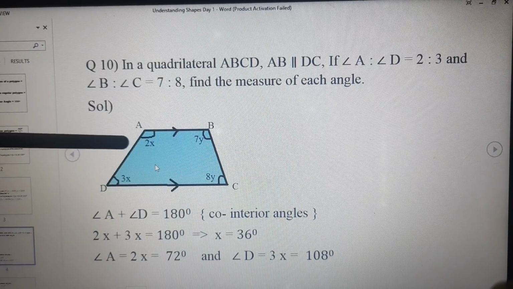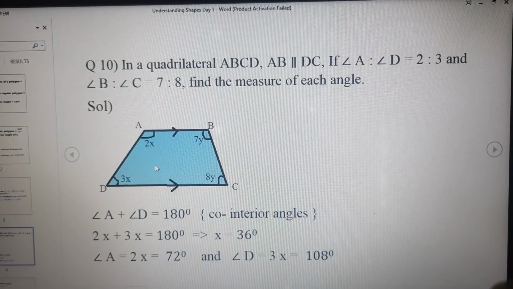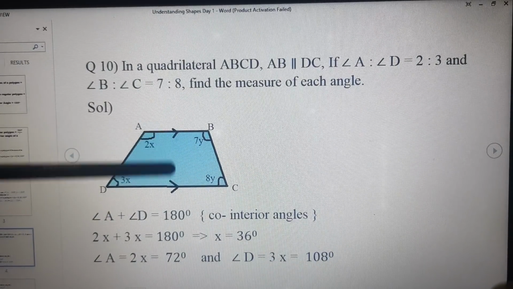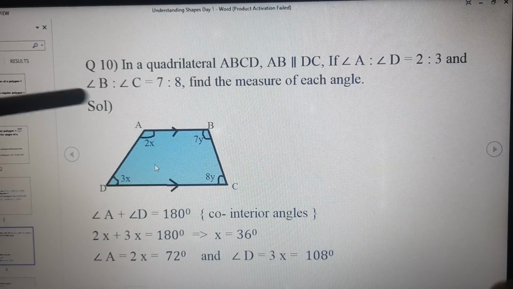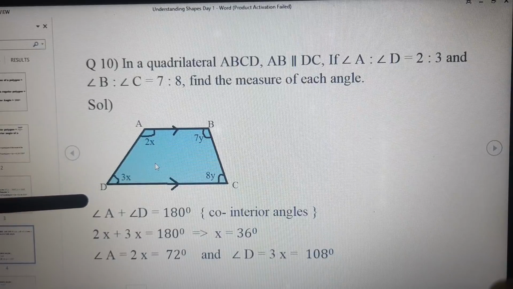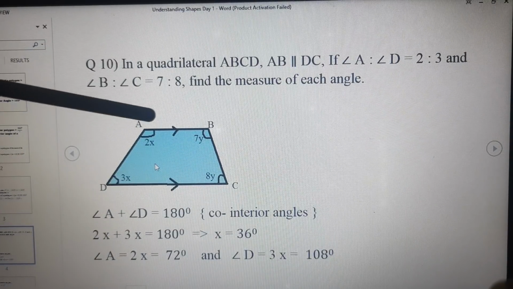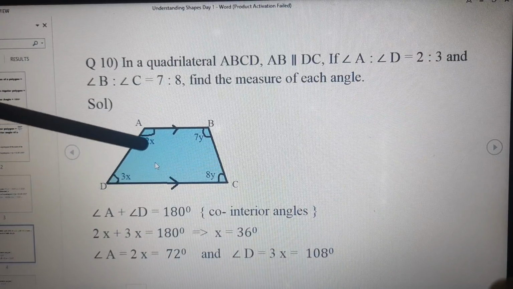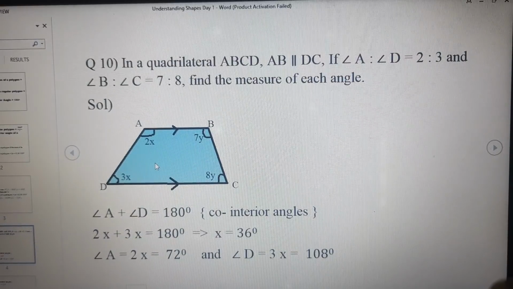So which kind of angles are angle A and angle D? They are co-interior because they are formed inside the parallel lines and lying on the same side of the transversal. AB and CD are parallel lines and AD is the transversal. So the sum of co-interior angles is 180 degrees.